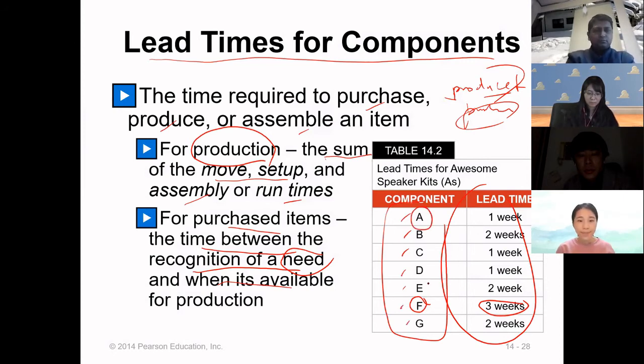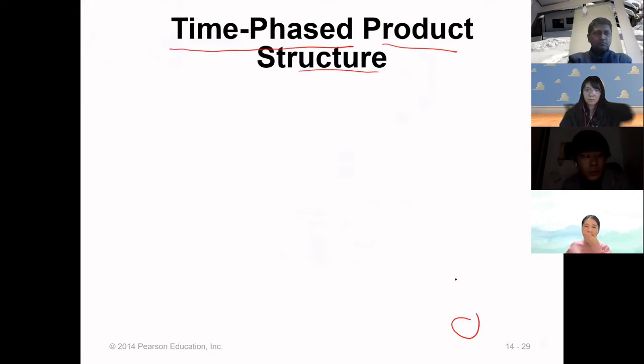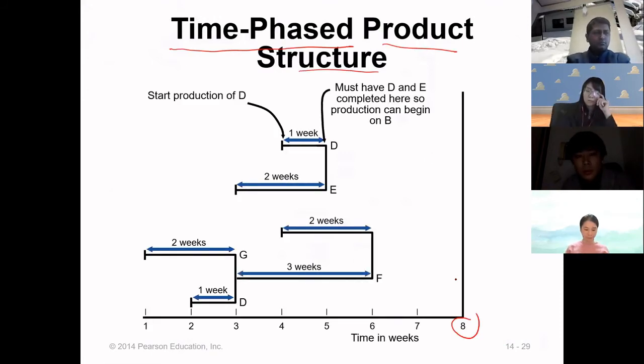So you need 1 week to produce the product. It cannot be instantaneous. Okay, so this is the same product structure, having awesome, and then there are B and C assemblies. There are D, E, F, G. It says here G is 2 weeks, F is 3 weeks. So if you break down into this time phase, okay, time phase.